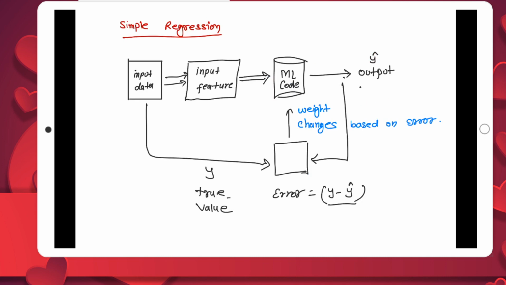But let's say once you have complicated data, now let's say you have complex data, then what happens? Do remember, we are still talking about simple linear regression.